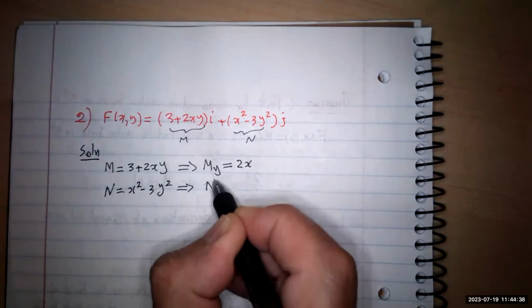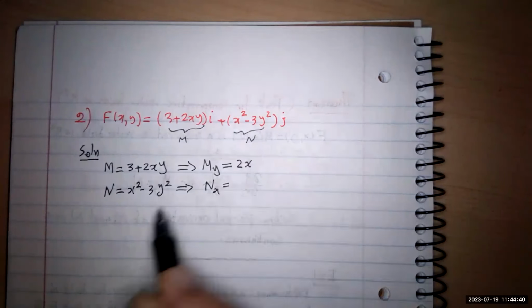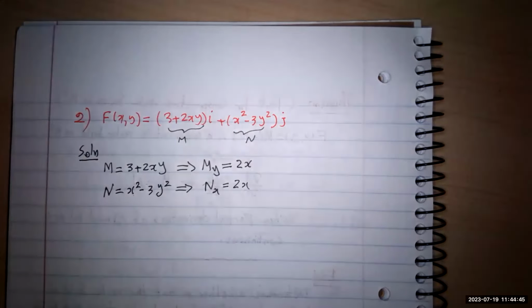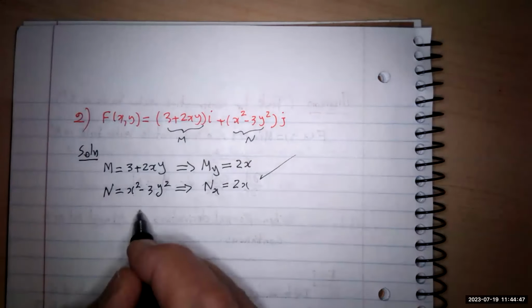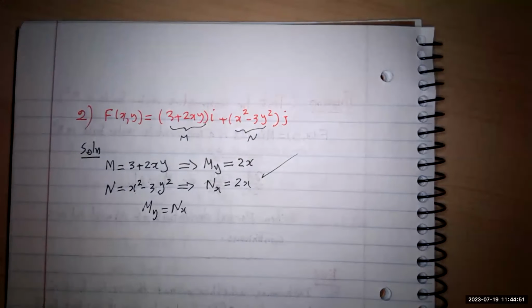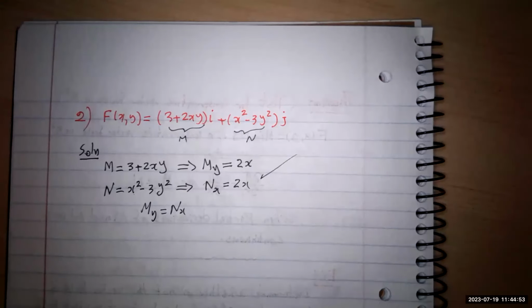So we check N with respect to x. That gives 2x. So M sub y is equal to N sub x, and the answer is yes.